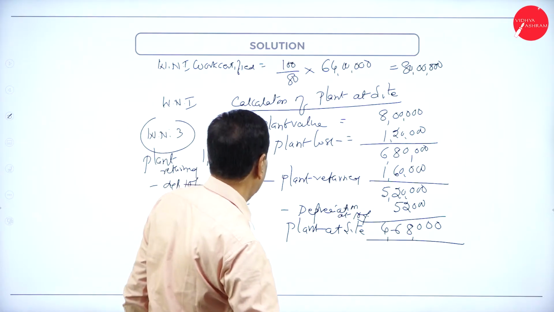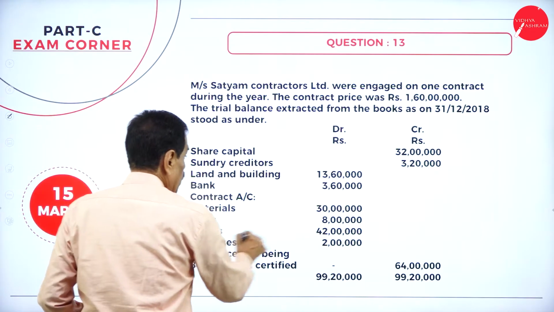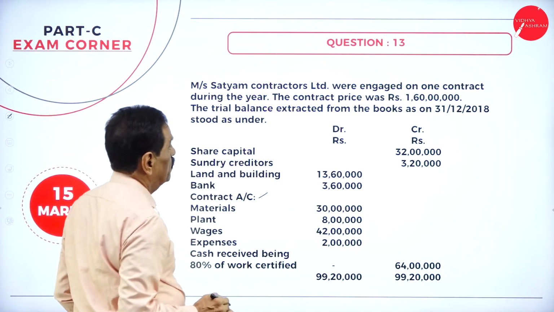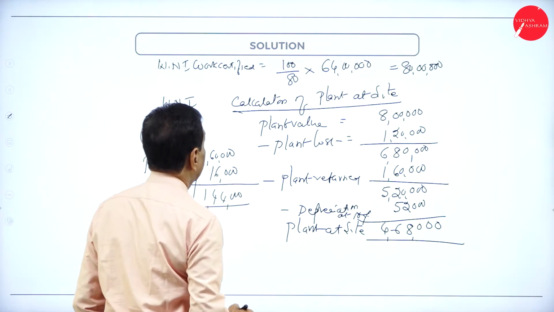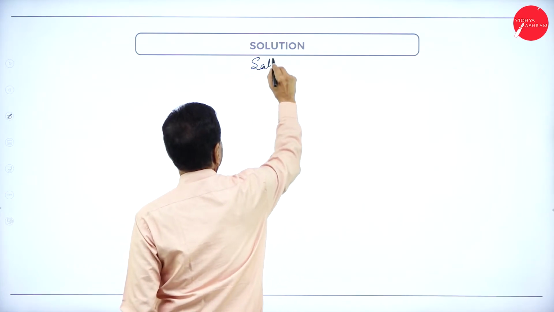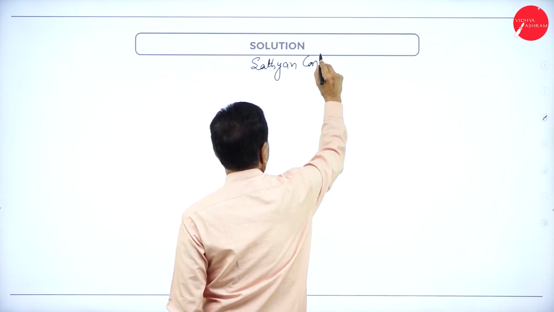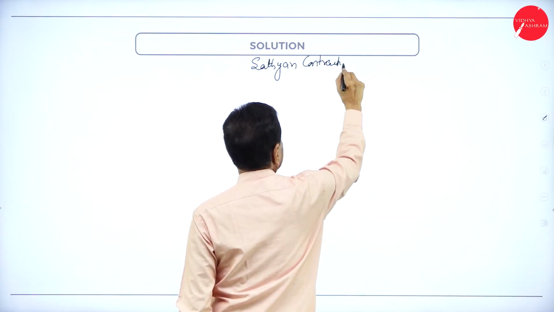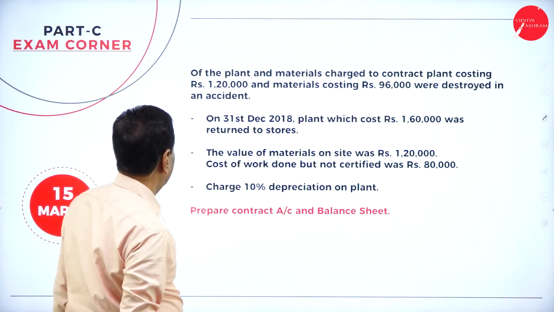So whatever is charged to contract, you have to take here. Satyan Contractors Limited, contract account. Has the date been mentioned?